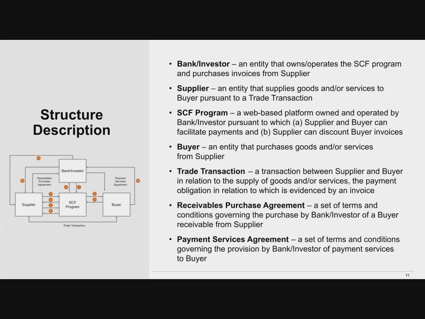The transaction involves typically two main documents: a receivables purchase agreement, pursuant to which the bank investor agrees to buy the receivable from the supplier, and on the other side of the picture is a payment services agreement, where the bank investor agrees to manage payments that the buyer is due to make to its suppliers, relating to the invoices which are discounted.